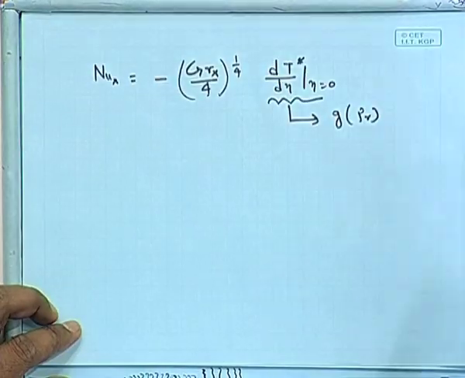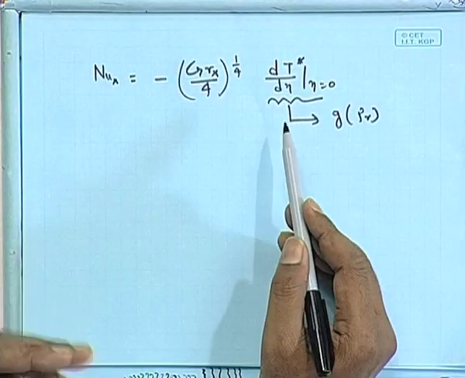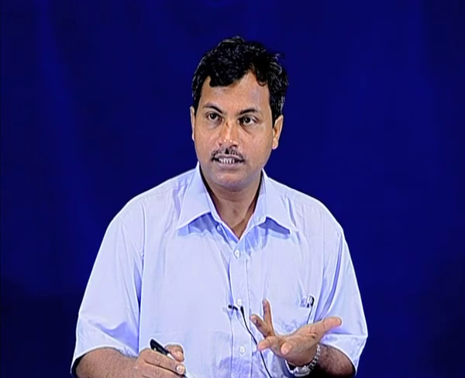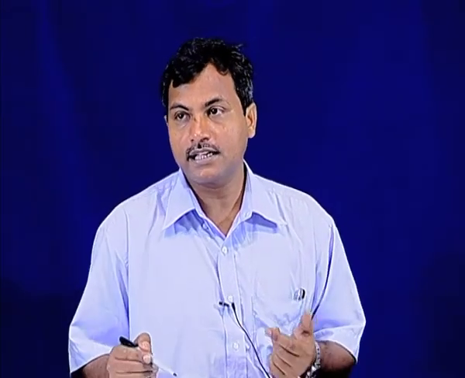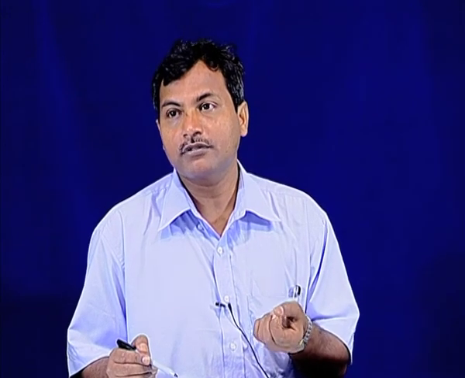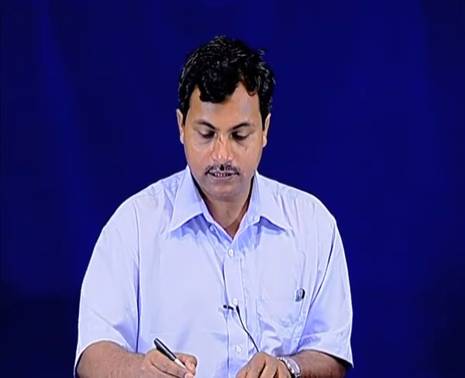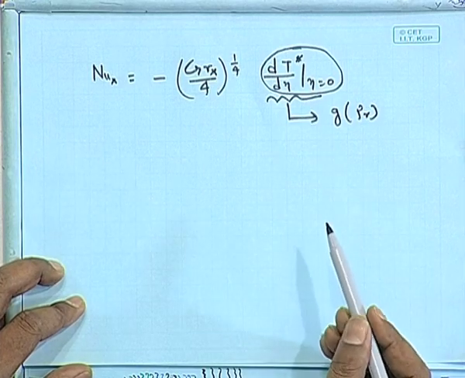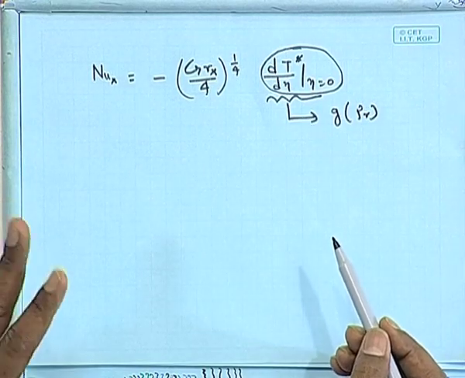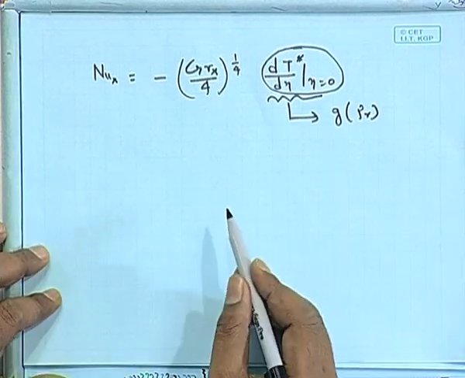Now, you are evaluating T star as a function of eta and evaluating that dT*/dη at η equal to 0. So, this quantity will be a function of Prandtl number only, parameters only. The parameter is Prandtl number in this particular case.